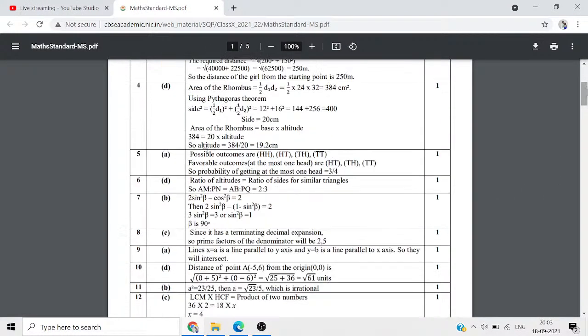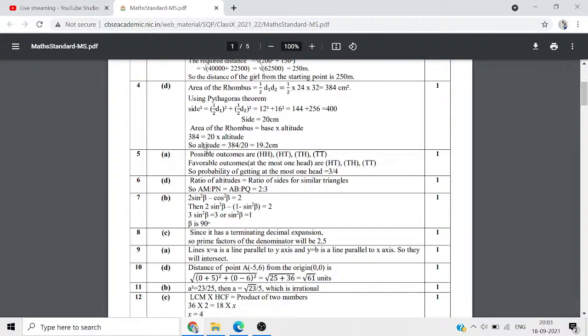Now it's saying that 2 sine square beta minus cos square beta is equal to 2. Means 2 sine square beta will be, instead of cos square beta, can't I replace it with 1 minus sine square beta? I can, definitely I can. So replace it, then if you simplify, you will get 3 sine square beta is equal to 3, or sine square beta is equal to 1. Okay, so this will give you beta is equal to 90 degrees, because sine 90 is 1.